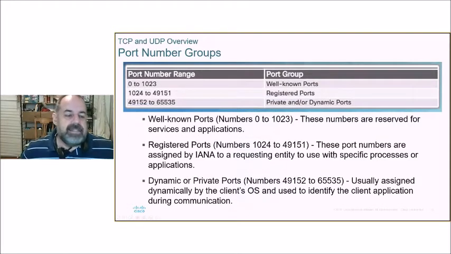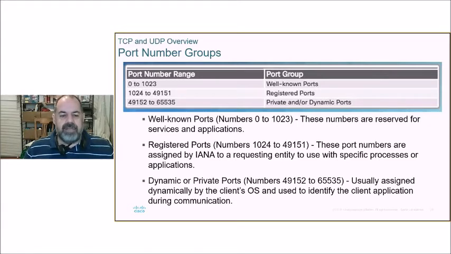As I said, well-known ports are normally from 0 through to 1023. 1024 through to 49,151 are registered ports, and then above 49,152 we'll call private or dynamic ports. Most well-known services have got a port number below 1023.